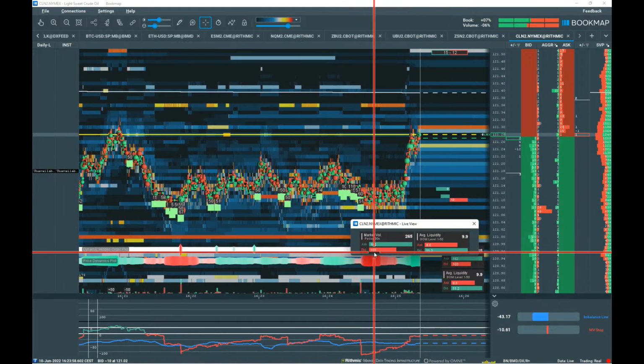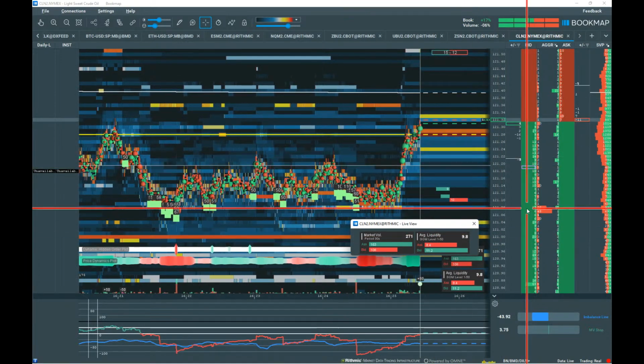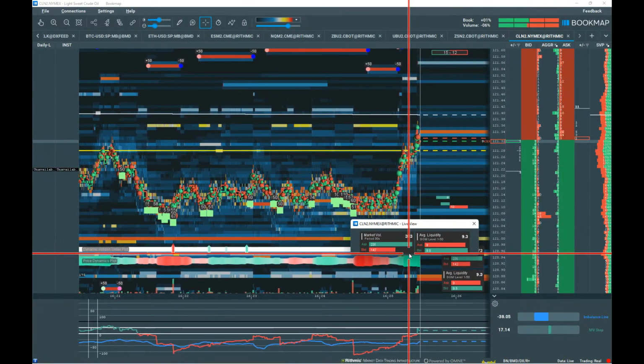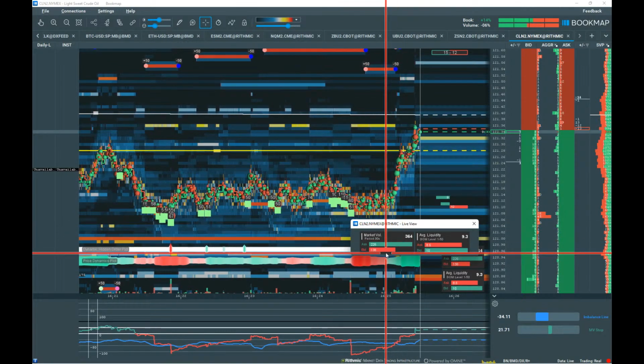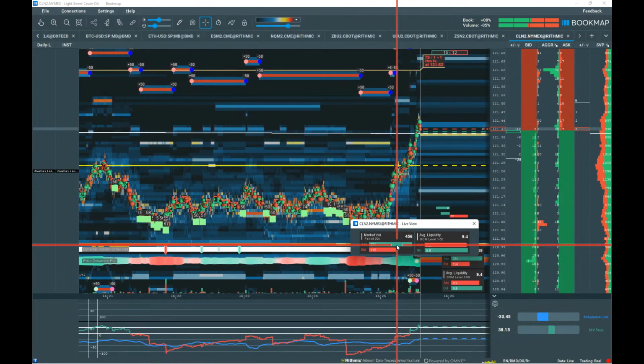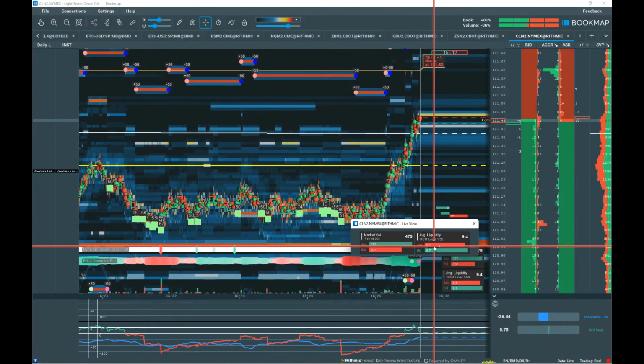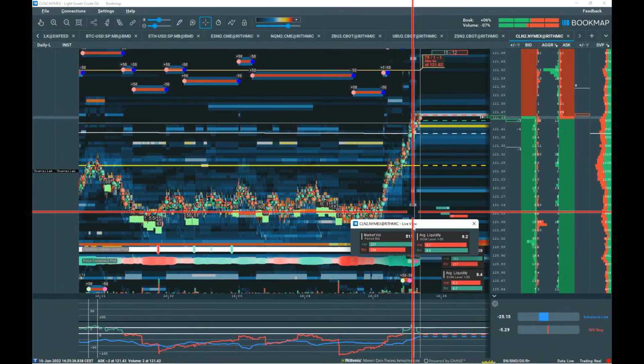So market volume is this column, and the liquidity is the resting liquidity on bid and ask. Maybe something happened, I don't know, but anyway, you see how they are in rage here. Buyers are trying to buy everything from ask, and therefore the price is going up.